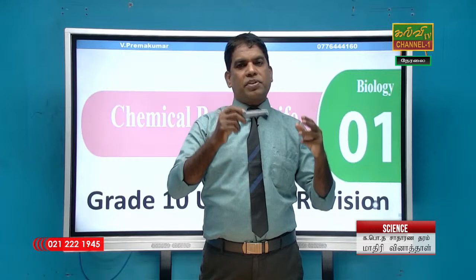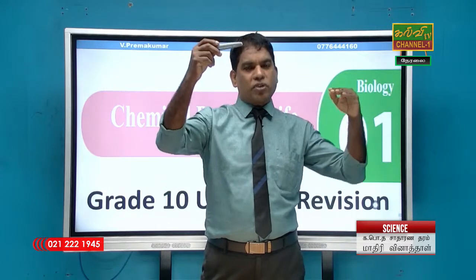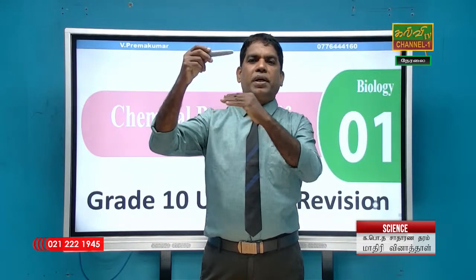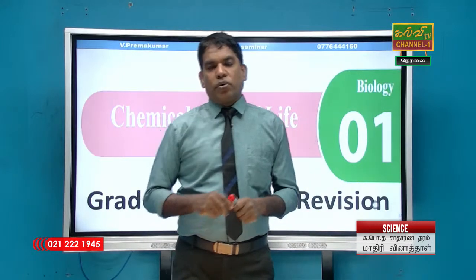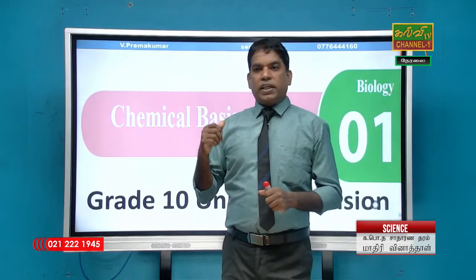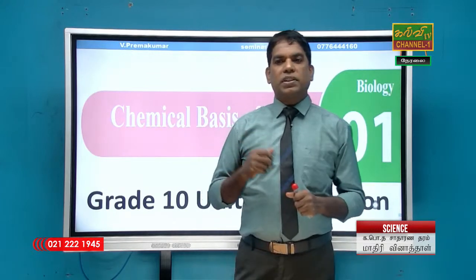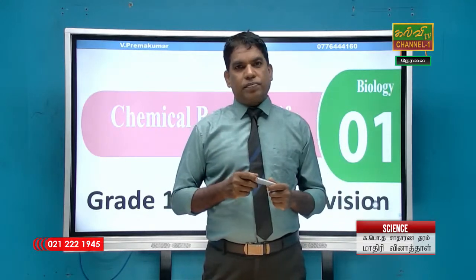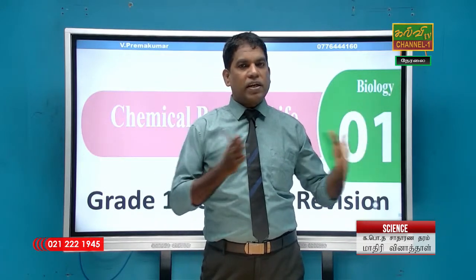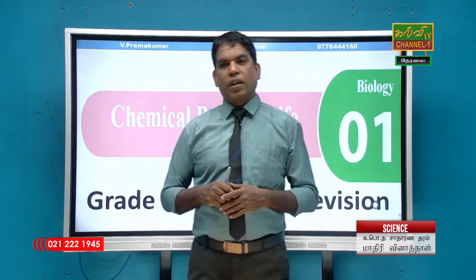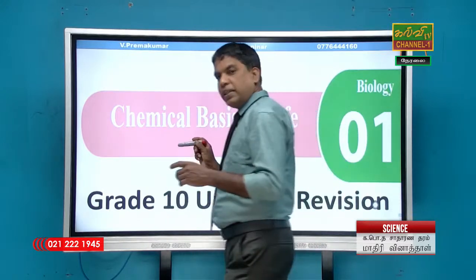If you consider substances which contain carbon, the slice of bread can be kept under that heading as well. Therefore, in this unit, chemical basis of life, we look at the relationship between our life and chemicals.